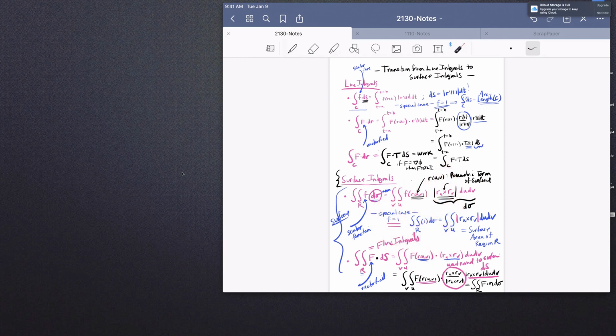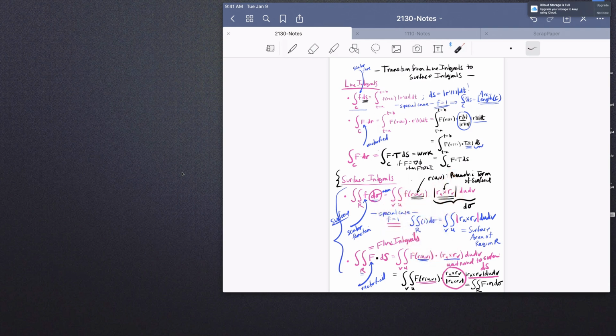Once you have that, we'll take partial derivatives, and we'll need cross products and magnitudes of those cross products. So the key part is a description of that surface.